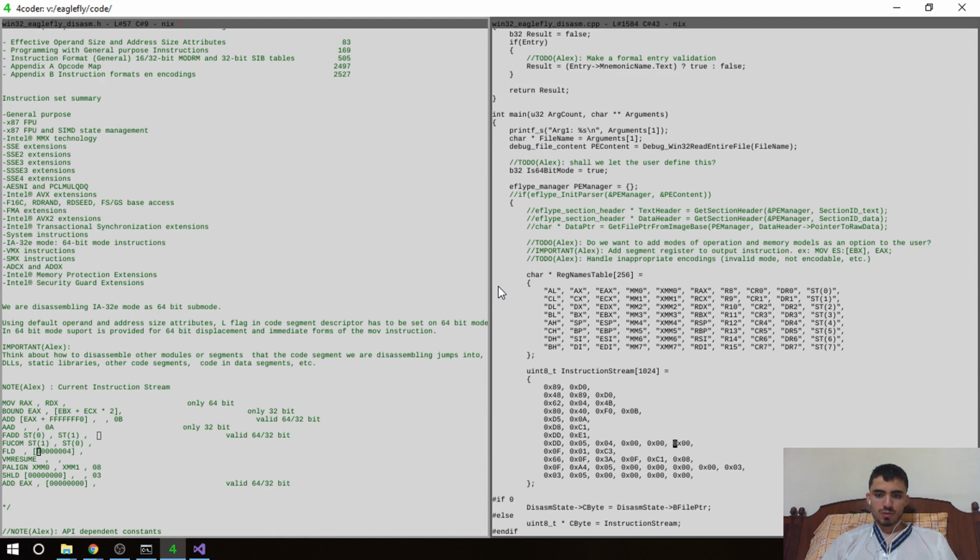One thing about displacements right now: they are 32-bit, but they should be 64 because in 64-bit mode they have to be 64 bits wide. So that's something that we also want to do.